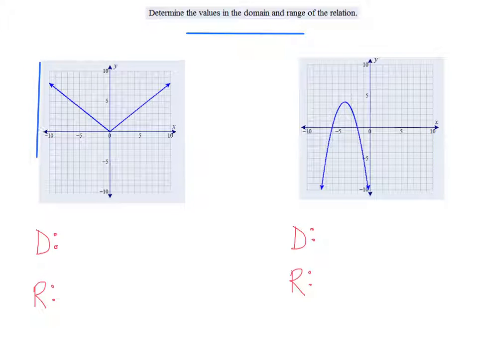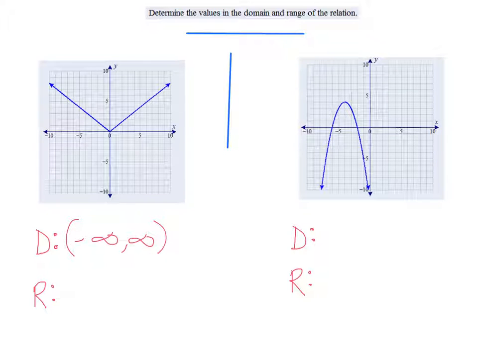So my lower bound, I'd put negative infinity. And then I move this way and ask, what's the highest x value? How far to the right will this graph go? And that arrow implies it keeps on going forever to the right. So my domain is going to be negative infinity to infinity, use parentheses.